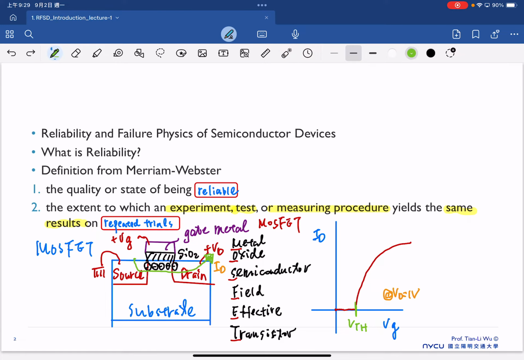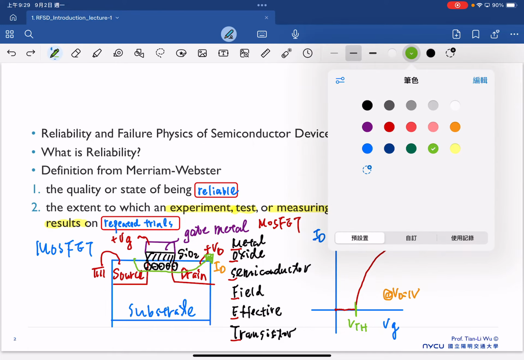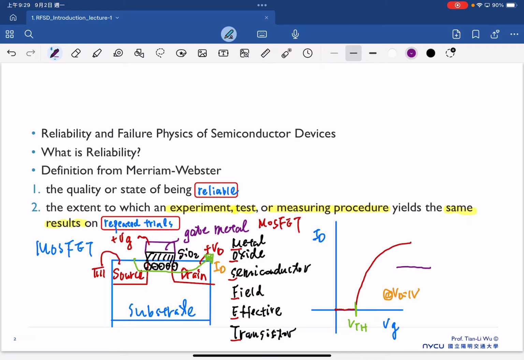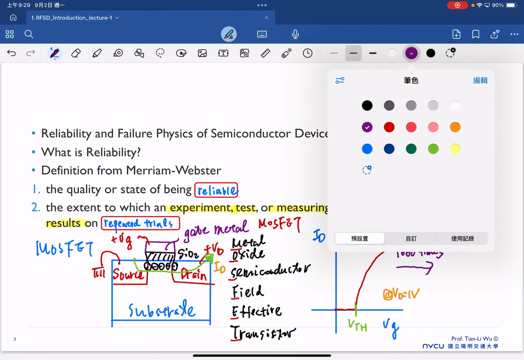If we try to operate this device 1,000 times, we hope the device should have the same characteristic.